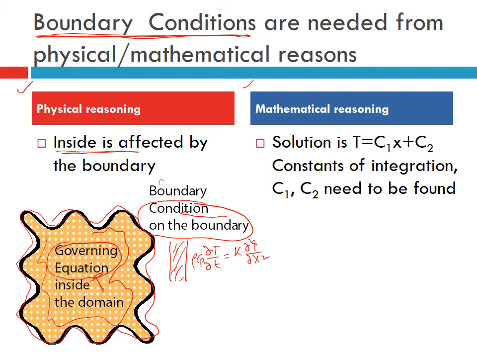If it is transient, then we keep this, but for a steady state we drop this term. So for steady state in a slab, we get d²T/dx² equal to 0. If we solve, we get dT/dx equal to C1, T equal to C1x plus C2.